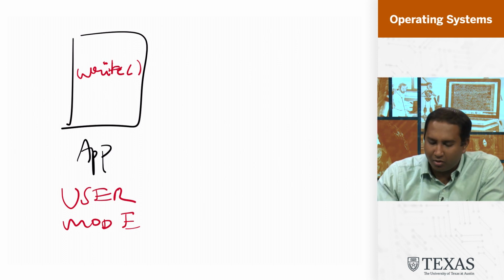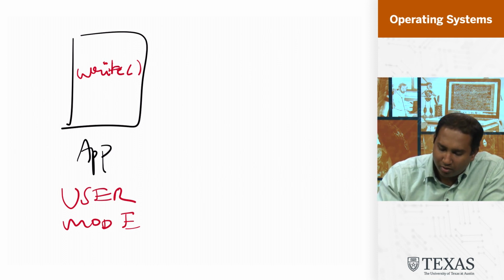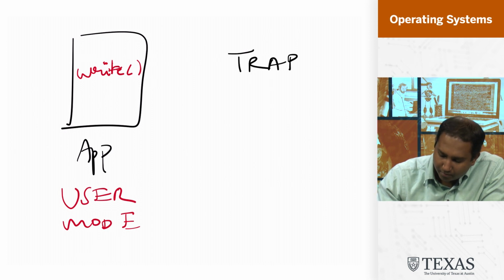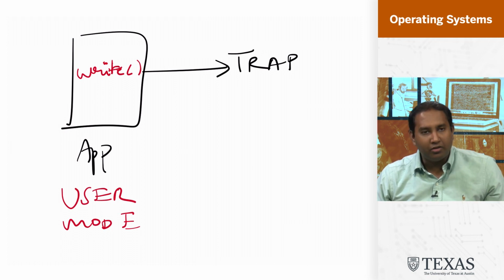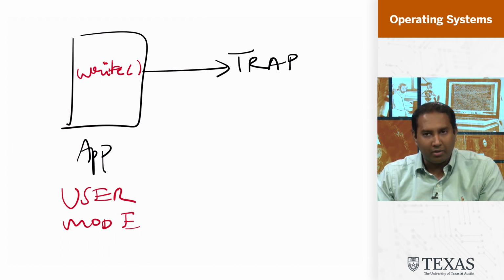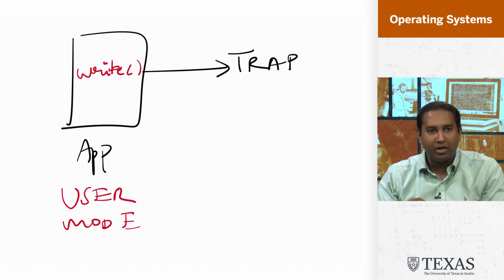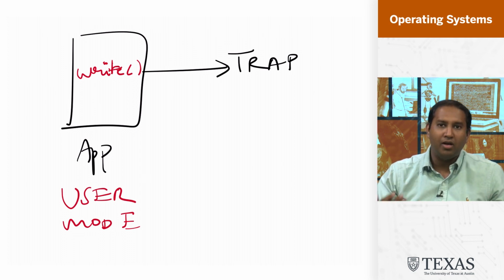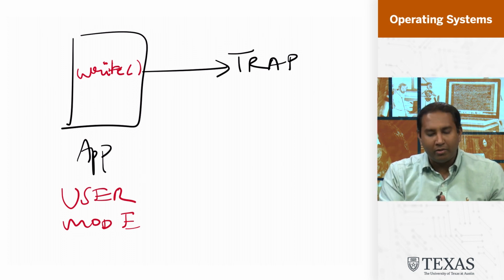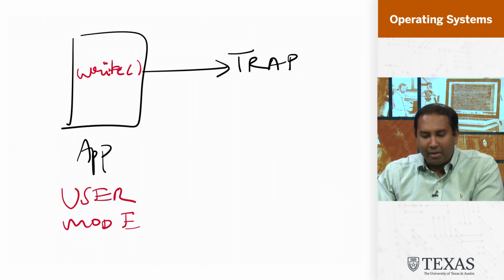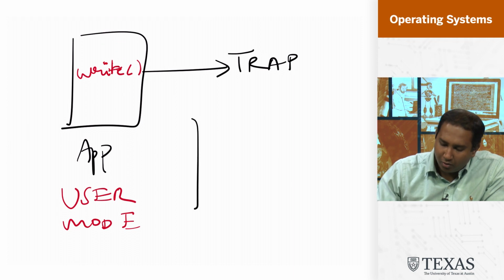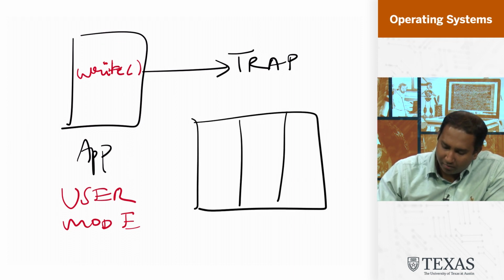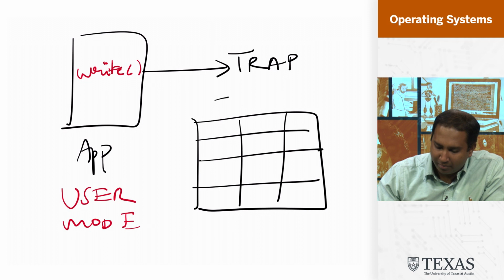Now what this write system call does is it's going to invoke a trap. Remember in our interrupt handler we saw previously where you would get a timer interrupt, and then the hardware looks in a table and says, oh, you have a timer interrupt, you have to run this code. A trap handler works in a very similar way, right? So you have a table which says you have these different kinds of traps.